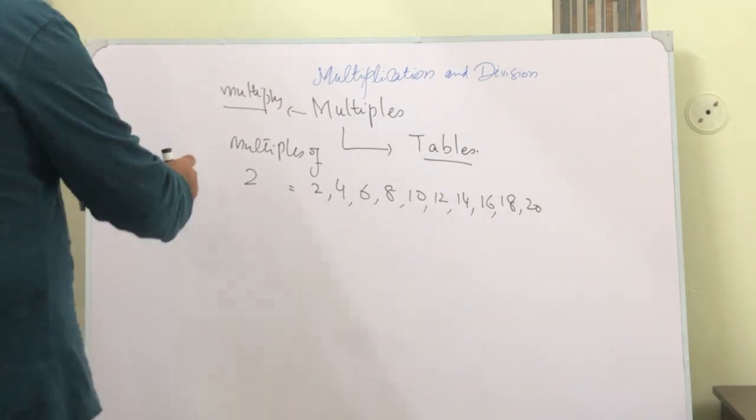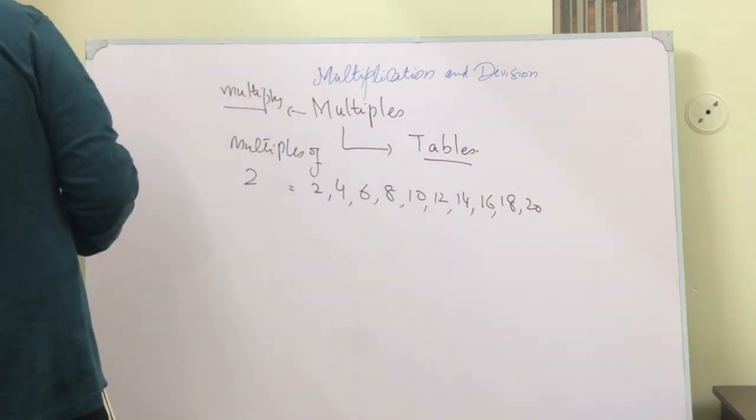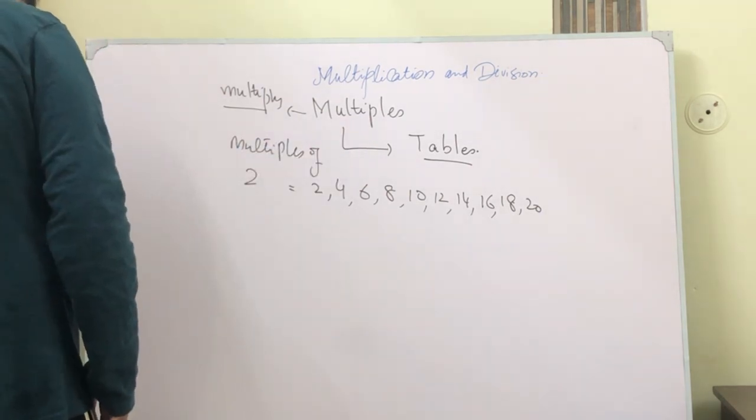So the multiples of 2 are the tables for 2. So these are the multiples for number 2.